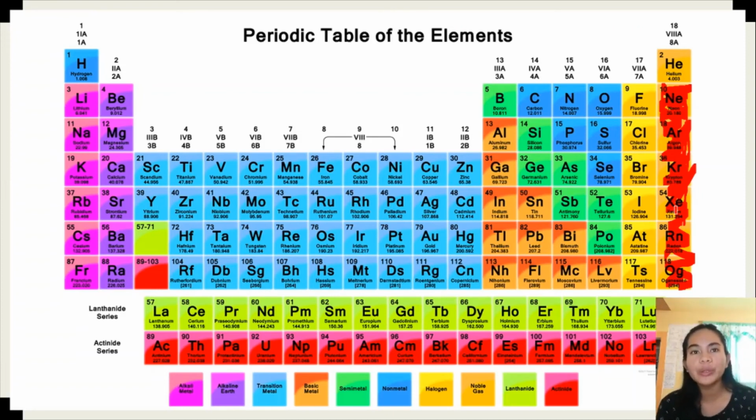So if we're going to look for the noble gas before barium, you're going to look at the noble gas that has a lower atomic number than barium. So that is xenon. If we're going to use xenon as our basis, we're going to use 2p6, 3p6, 4p6, 5p6. So we're going to use 5p6 as our basis for barium.